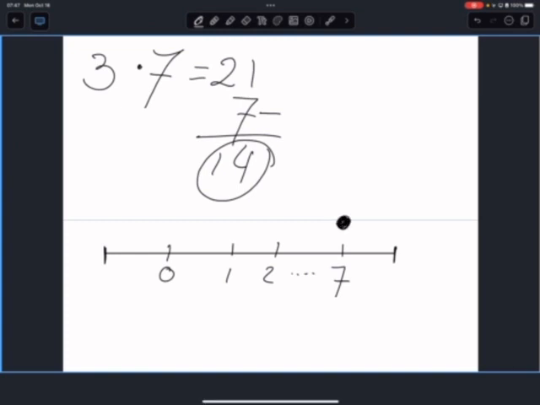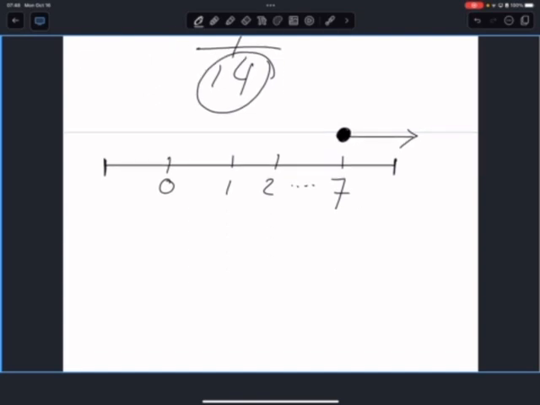You would have to place a dot, fill the dot in, and then place an arrow. Why? Because the arrow represents everything else after 7. That brings us to the next thing.